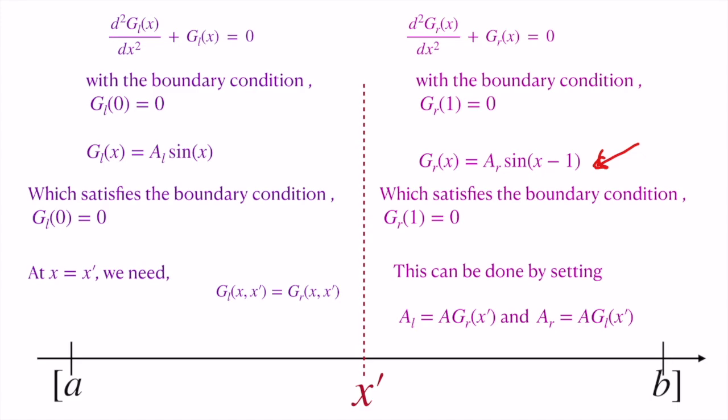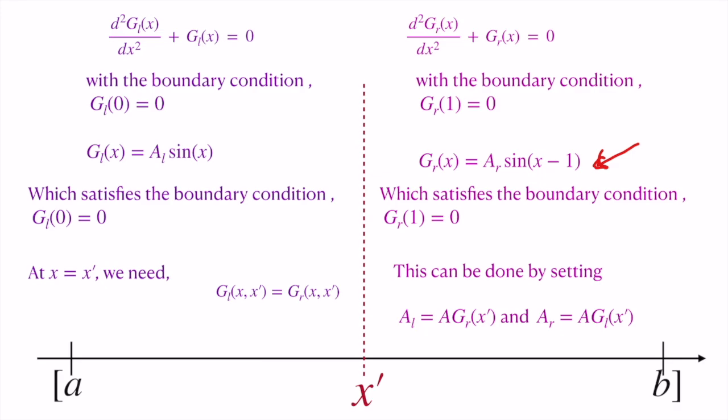On the other hand, if you choose the constant A_R to be A times g_L of x prime, that is A into sin x prime, multiplied with g_R of x, which at x equal to x prime would be sin(x prime minus 1). So now you see that the function automatically matches. The constant A can be any arbitrary constant which we can further play around with to match the derivative.